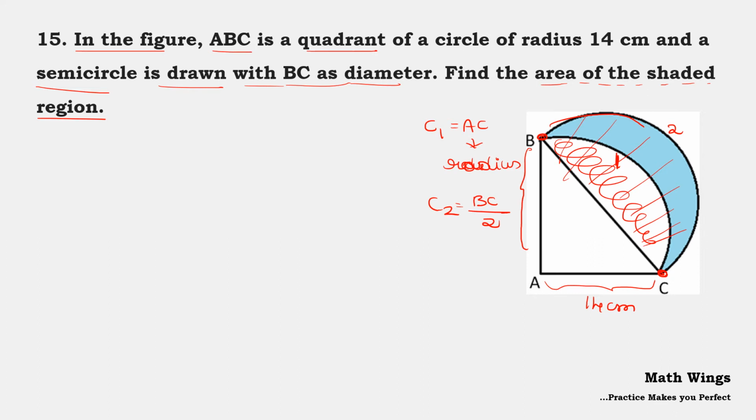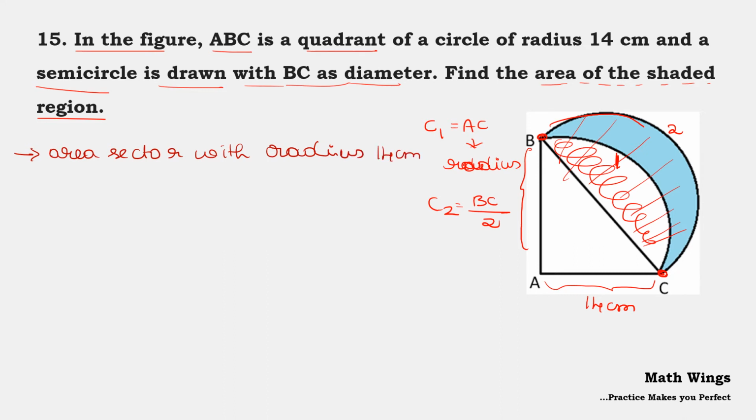So how can we solve this problem? Here, first let us see what is given to us, and based on that we can find the answer. First part, we have to go with the area of the sector with radius 14 centimeter.